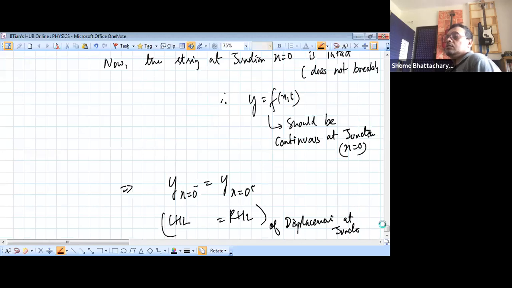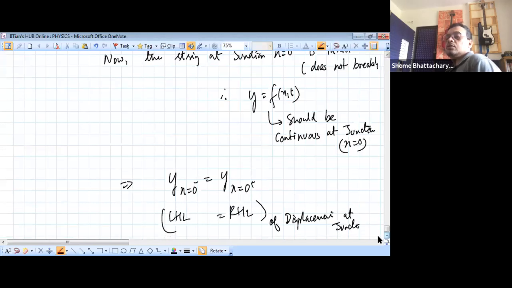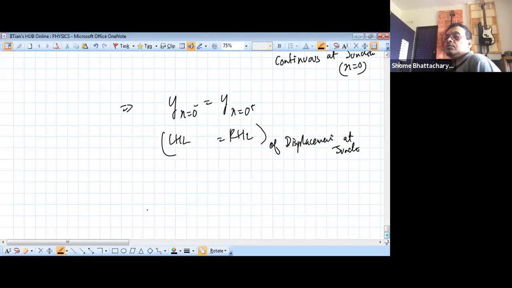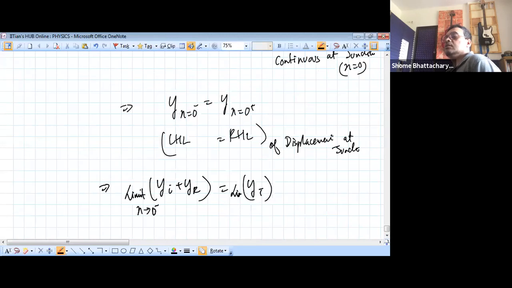So basically this will now become y incident plus y reflected at limit x tending to 0 minus should be equal to y transmitted at limit x tending to 0 plus.